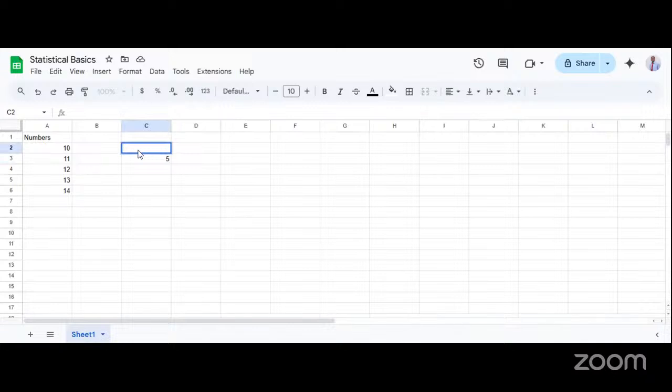Then remember our formula said the sum of all data points divided by the number of data points. So we need to sum all of these data points we have here. This means 10 plus 11 plus 12 plus 13 plus 14.